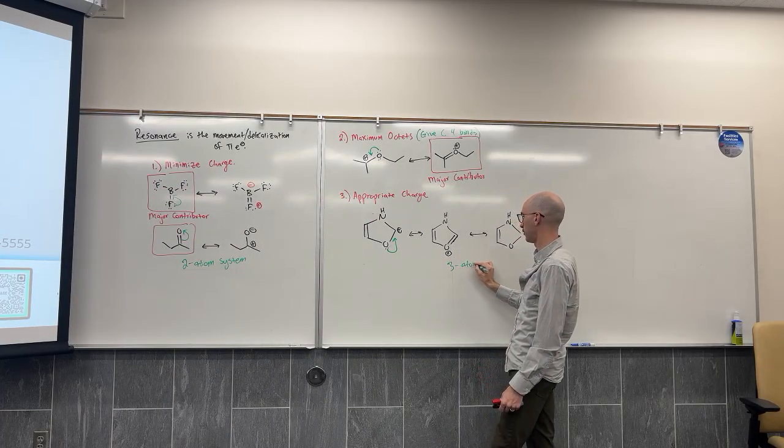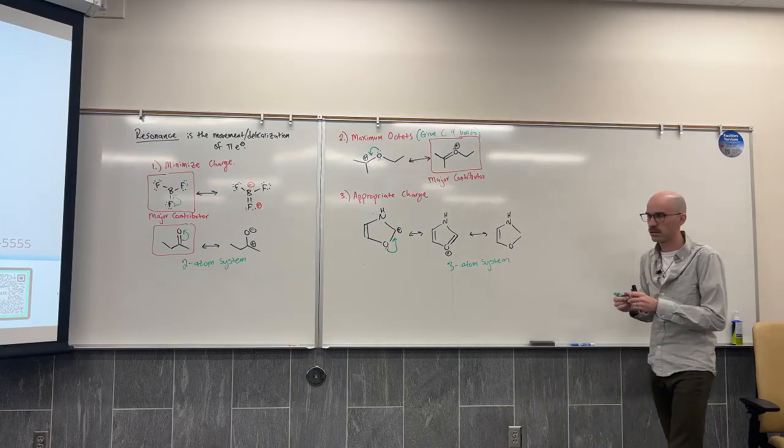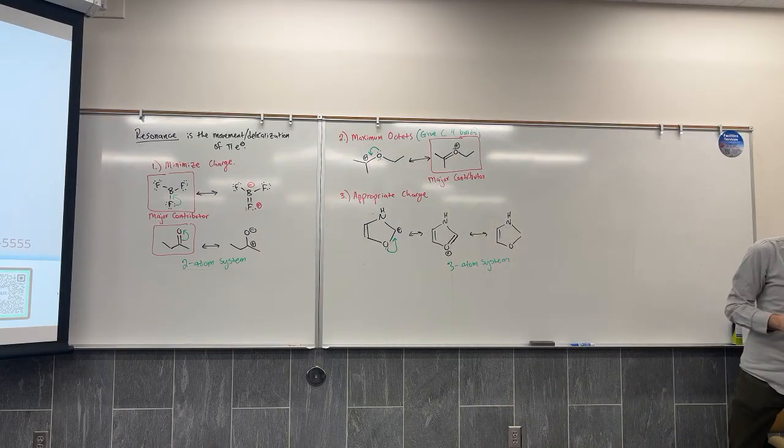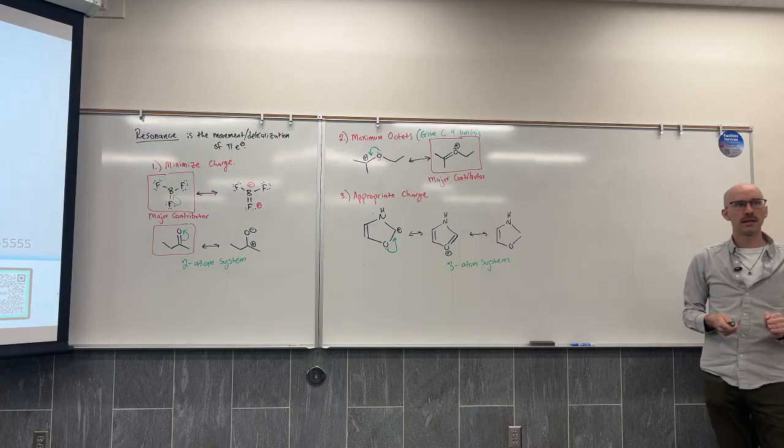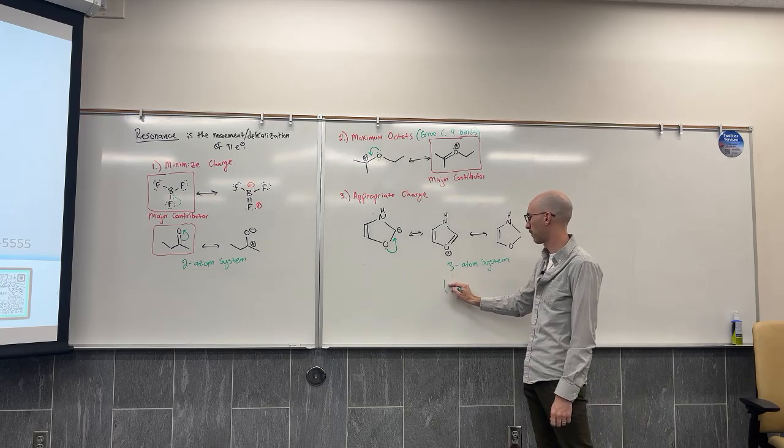Now I want to introduce you to the 3-atom system. A 3-atom system typically has 1 pi bond and a charge or lone pair, sometimes both.